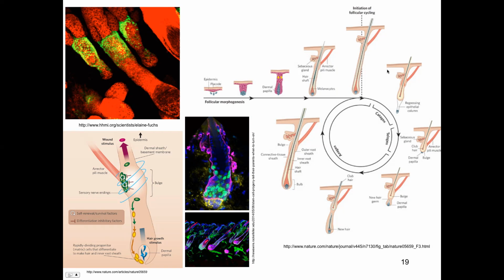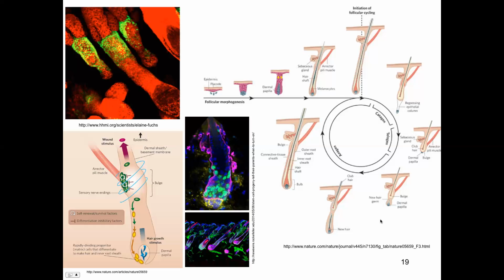Well, basically what happens is that your hair follicle goes through a cycle, and it's responding to different factors in your body. But every hair follicle will do this. It goes through a growth phase where the cells divide, and you can see that as it does that, you extend your bulb and it goes down.